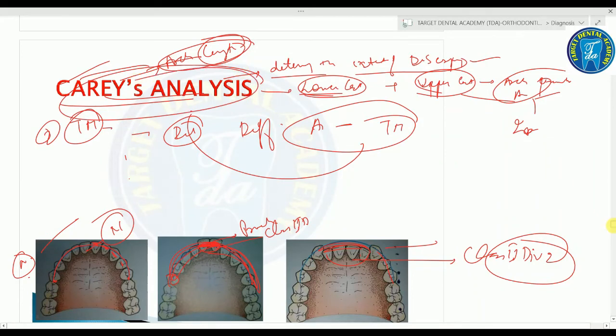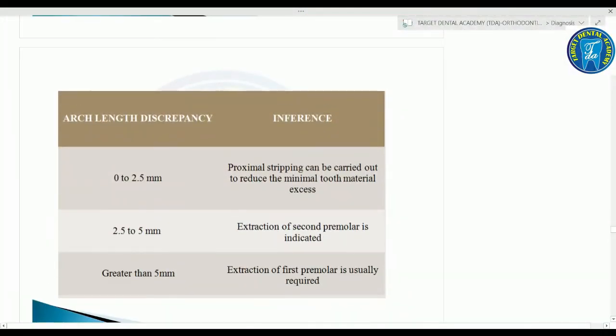Now after this, coming on to the interpretation. The arch length discrepancy, if the discrepancy is lying between 0 to 2.5 mm, then you can go for proximal stripping. Proximal stripping is done with the help of the proximal stripper. It is just a stainless steel strip with a cutting edge, either on both sides or on one side.